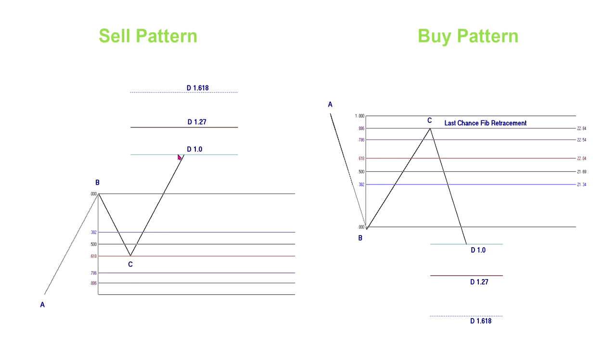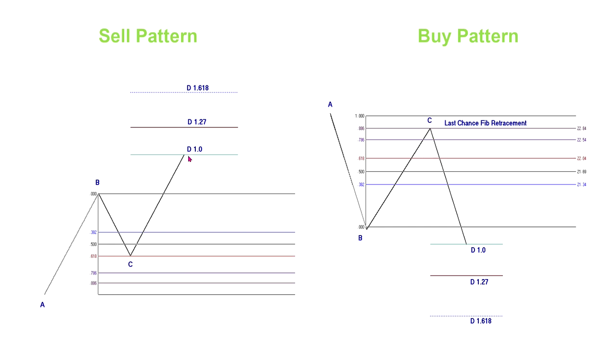And the D 1.0, this is where the AB leg and the CD leg are equal in length. The D 1.27 and the D 1.618, these are extensions of this leg. And about 60% of the time with these patterns, the CD leg will extend to the 1.27, maybe close to it, maybe right to it, maybe a little beyond it.